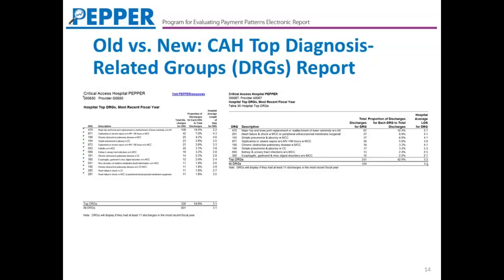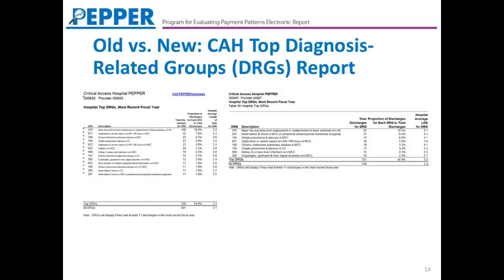Now, if there are fewer categories that have sufficient data to display, we are not showing those blank rows in the new version of the top reports, again, where that is applicable. And you can see we've also removed the link to the Pepper Resources website.